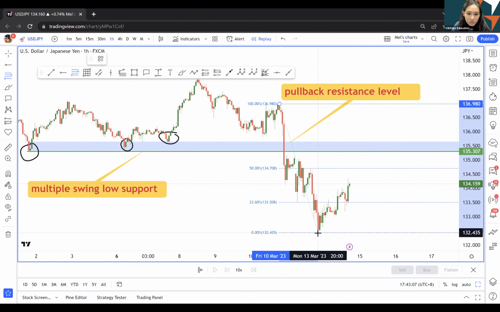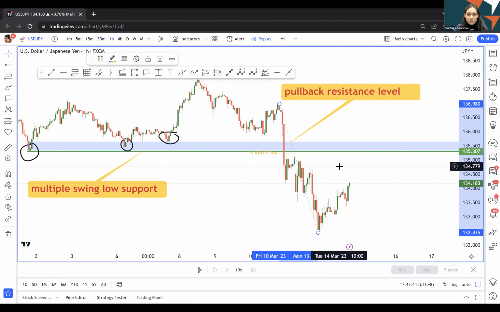I can see here that my 61.8% lines up nicely with my support level. So I'm going to remove the rest so that it's clearer. Basically we want to find levels that line up nicely with your support and resistance levels. This is to get confluence, or rather get confirmation that price is likely to approach that area.